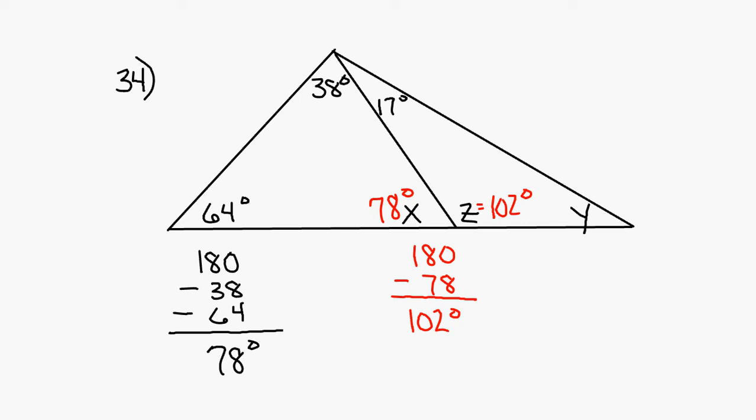So for the triangle on the right, if you take 180 and subtract 17 and then subtract 102, it'll give you angle y. That's 61 degrees. Each of the triangles needs to sum to 180, so just do them one variable at a time.